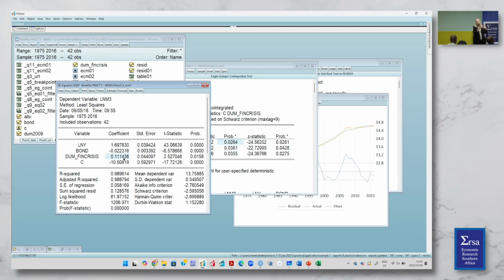I think you can analyze, break it down, and see what happened to all the alternative asset classes to see if we can say something about that. But this is what the result says. If income increases by 1%, money balance increases by more than that 1%. And if the bond rate increases, it lowers the money demand, the money balances.